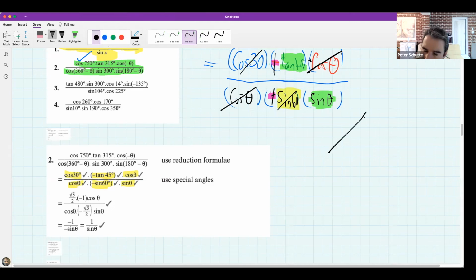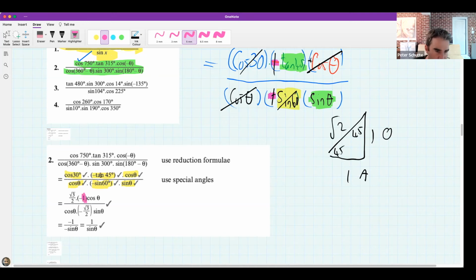So the tan of 45 is a special triangle as well, and so the tan of 45 looks like this. It's going to be O over A. So this tan of 45 is replaced with a 1, and then the other parts get rid of.